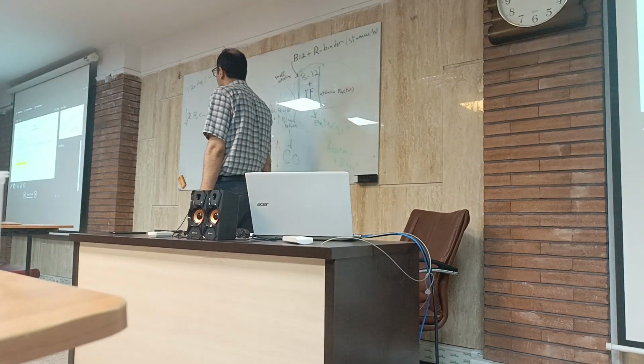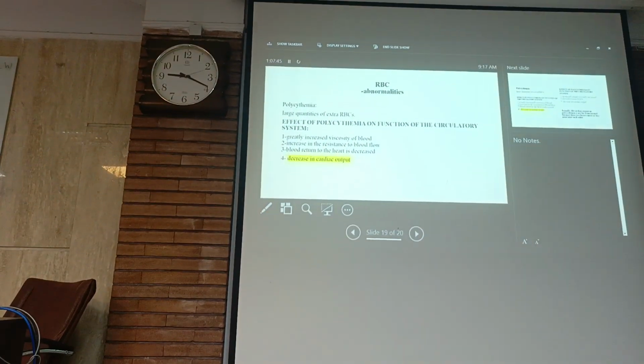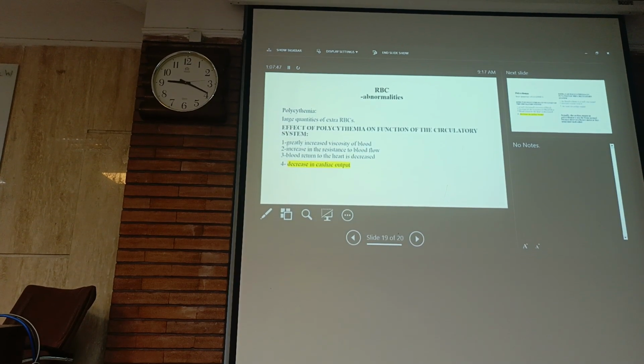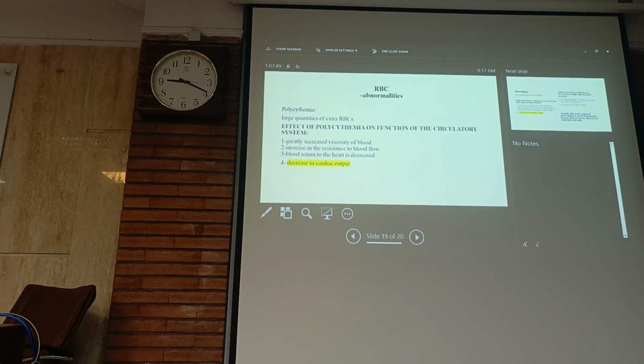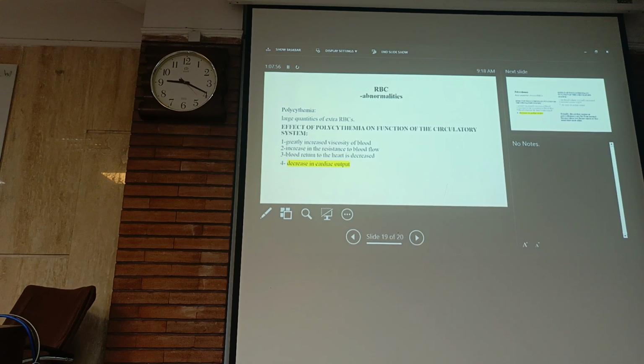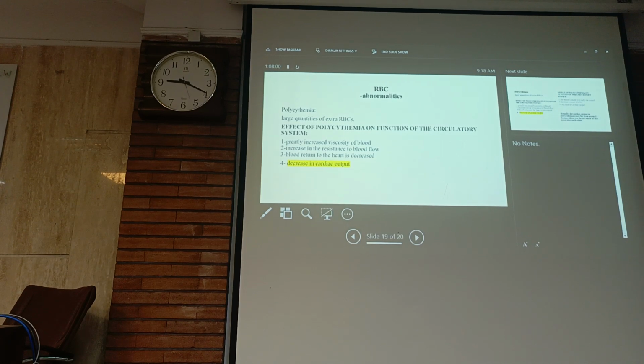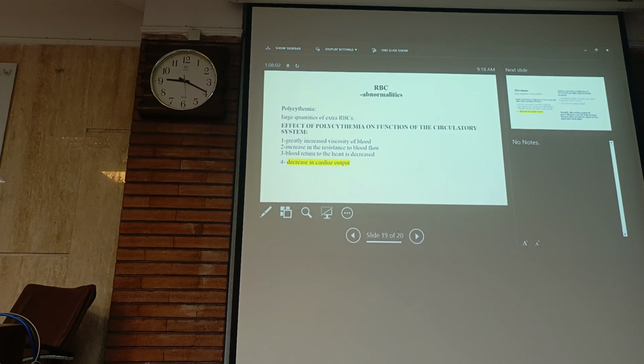Another abnormality regarding RBC is an increase in RBC amount, which causes polycythemia. Polycythemia means increase in RBC production. Both anemia and polycythemia are dangerous for the body. Both are pathological or abnormal situations.